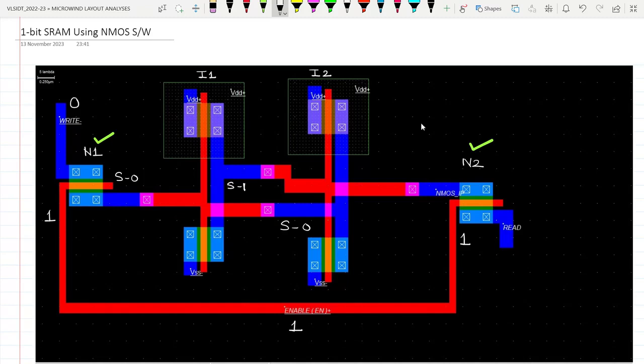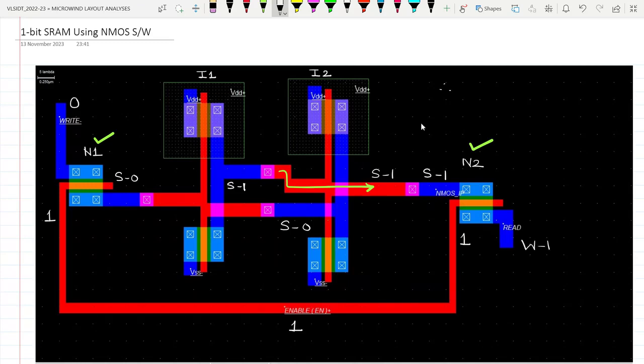Now as we can see here, the second NMOS N2 is getting a strong 1 here through this path, and as we know that NMOS is not good at transmitting ones, so when strong 1 is applied to the drain of N2, it transmits a strong 1 as a weak 1.